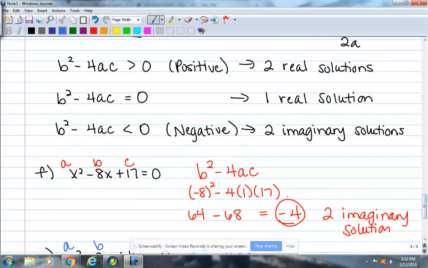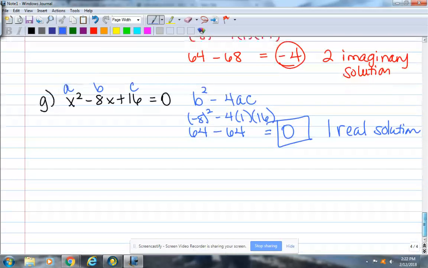You take your answer and compare it, where does it fit in? If this number is greater than 0, which means it's a positive number, then you'll have 2. If your number is equal to 0, you'll have one real solution. If you have a negative number, then you have 2 imaginaries. And we don't call them alligator mouths in Algebra 2. We quit calling them that about 6th grade.